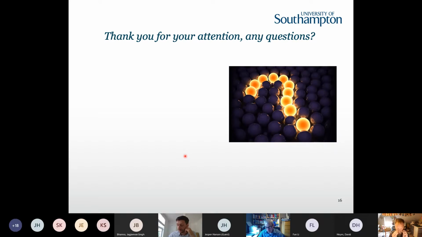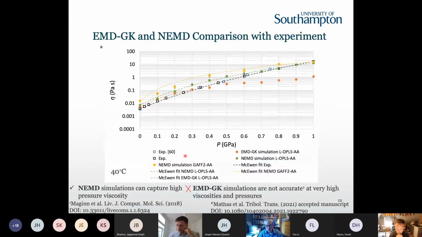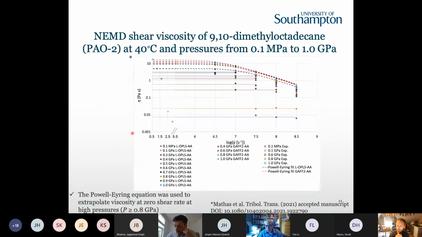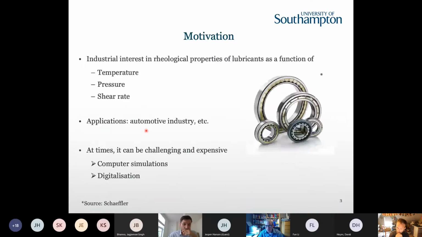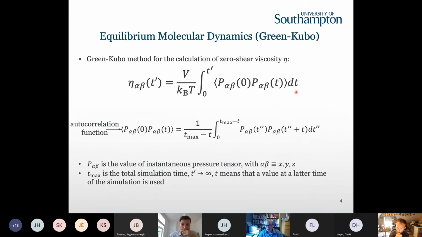The other question was, when you're calculating your Green-Kubo integrals of the stress autocorrelation function, can you show me that equation again? Yes, the equation is here. So you are using all 9 elements of the stress tensor in that correlation, are you?